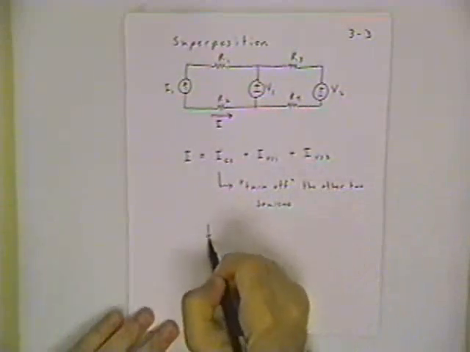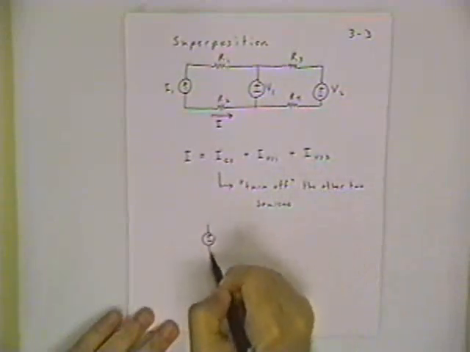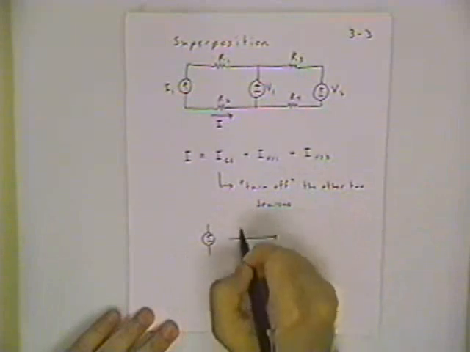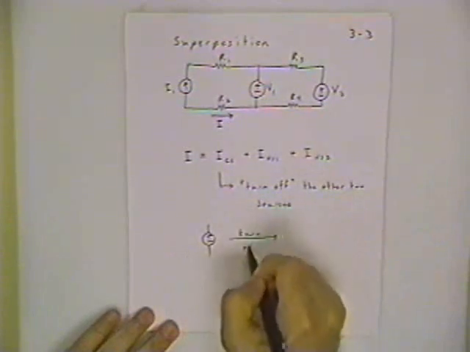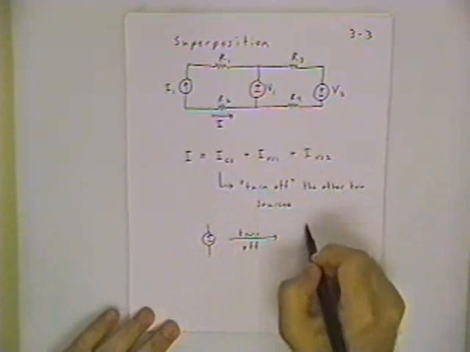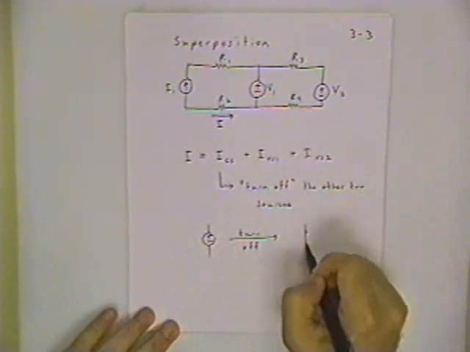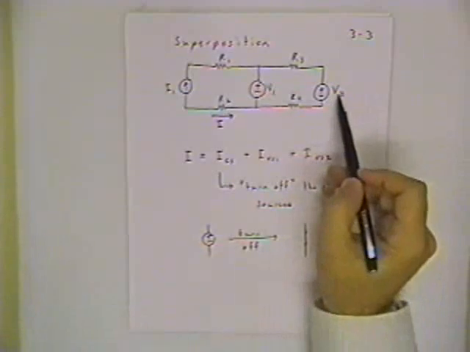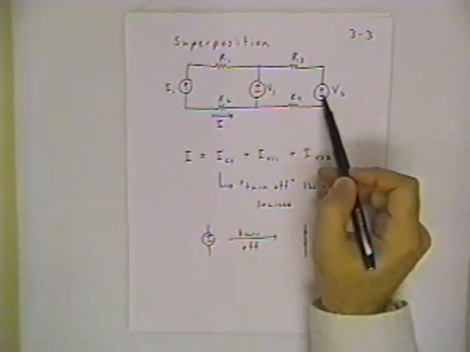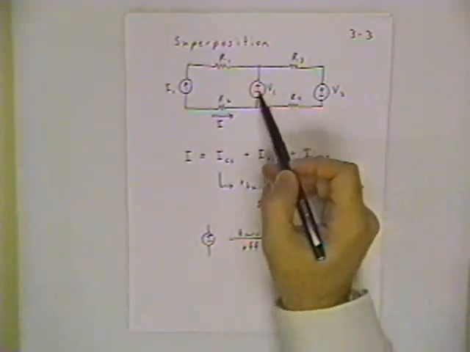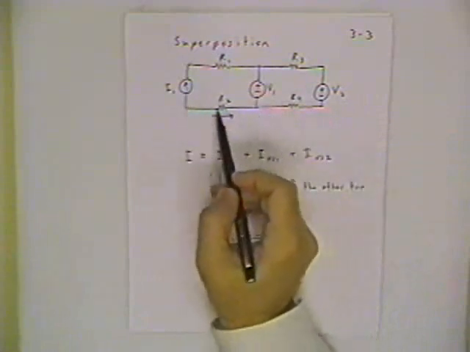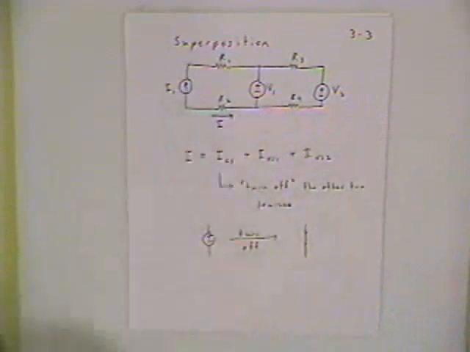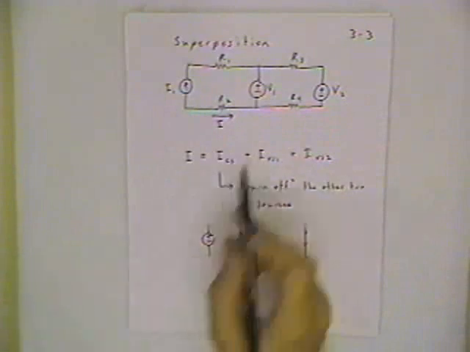And the way you turn off a voltage source is to replace it with a short circuit. So you're essentially dialing a voltage value of 0 volts for this voltage source and for this voltage source to calculate the amount of current due to this current source.